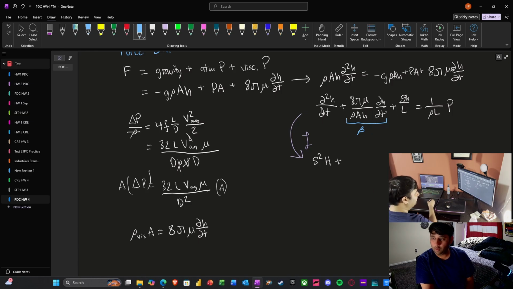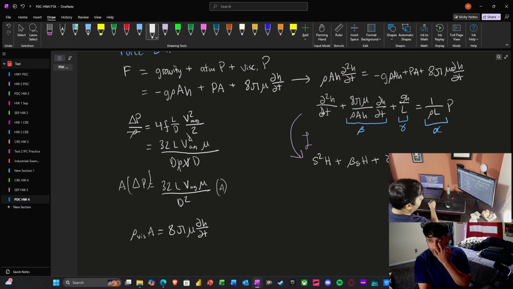So we're going to call this beta. This is going to be our gamma. And this is going to be our alpha. So we're going to have beta times s times H plus our gamma times H, which equals alpha times P.